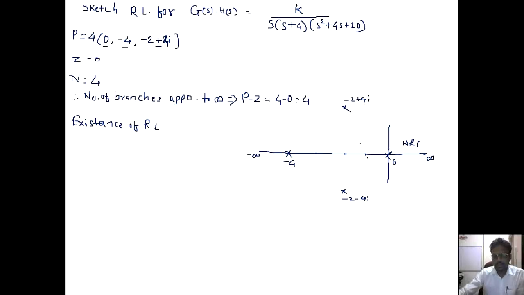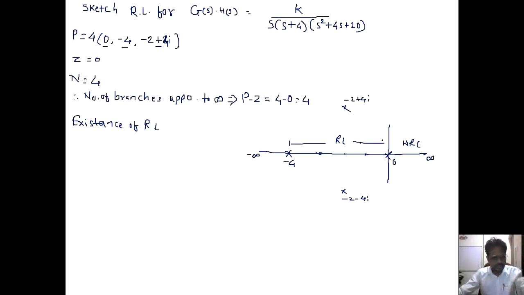Then from 0 to -4, consider any point between 0 and -4, and on the right hand side of that point, if we find an odd number of poles and zeros, that region will be a root locus region. Here the number of poles on the right is 1, an odd figure, so this is a root locus region.